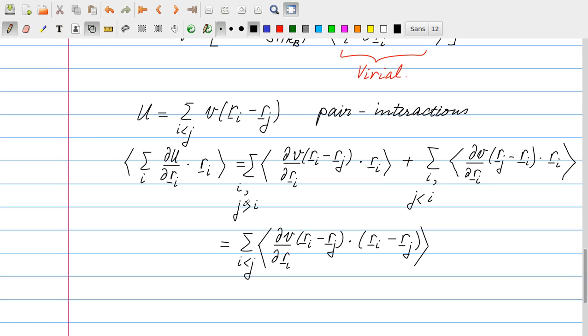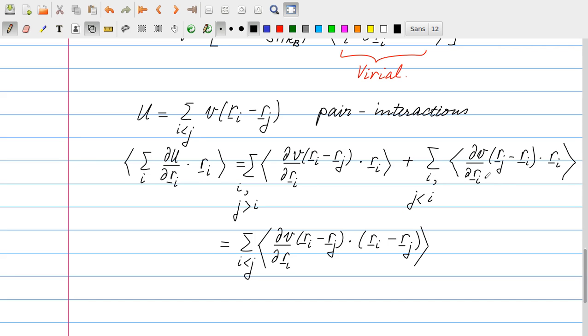Then we see that in the case that i is indeed smaller than j, we get a v'(ri minus rj) times ri. And then if the i is larger than j, we get in fact a similar term, but then the j is in front. And so we see that with respect to this term we get an extra minus sign, because here we have ri with a plus sign, and here we have ri occurring with a minus sign, and we take the derivative in both cases with respect to ri, so they have a relative minus sign.